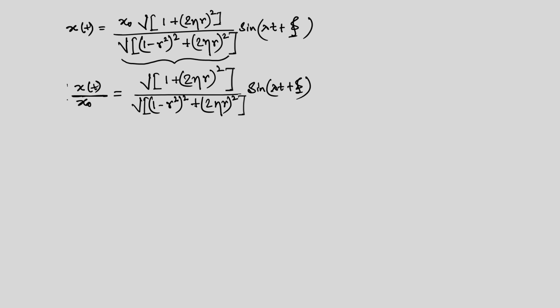Now, if you consider the amplitude of this, obviously on the right hand side you will have this quantity, and this is called the transmissibility.